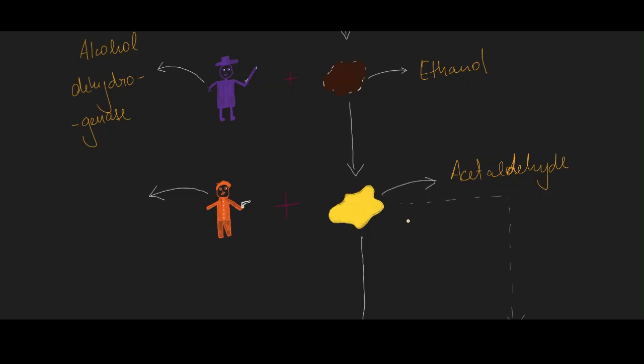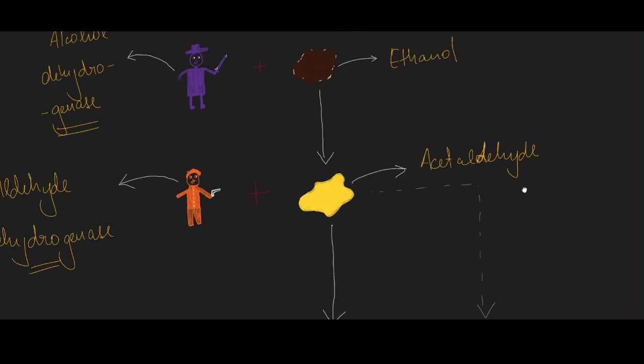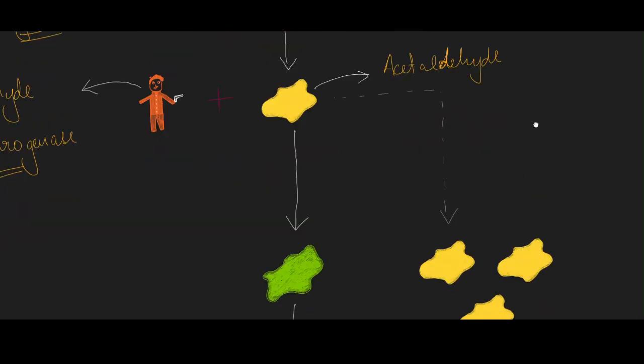Now this acetaldehyde again gets metabolized by the enzyme aldehyde dehydrogenase. As you can see, the first enzyme that acts is alcohol dehydrogenase, and the second enzyme that acts is aldehyde dehydrogenase.